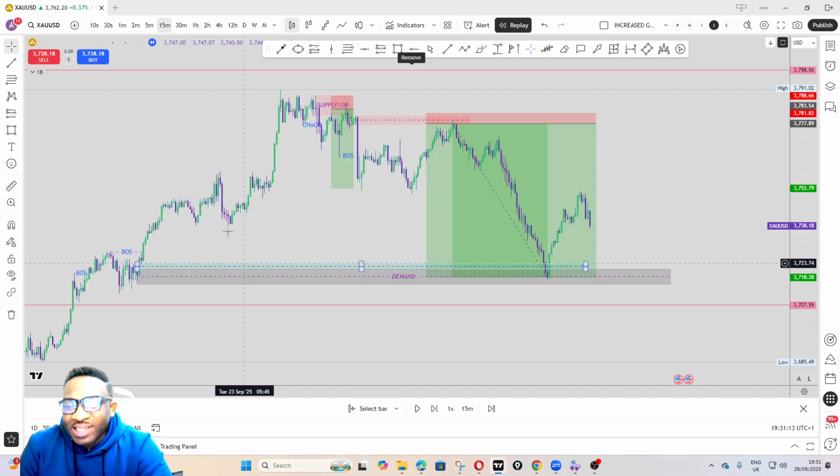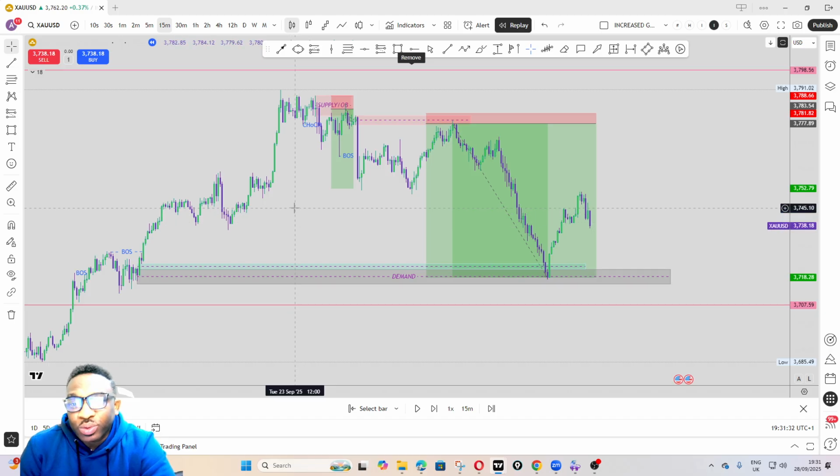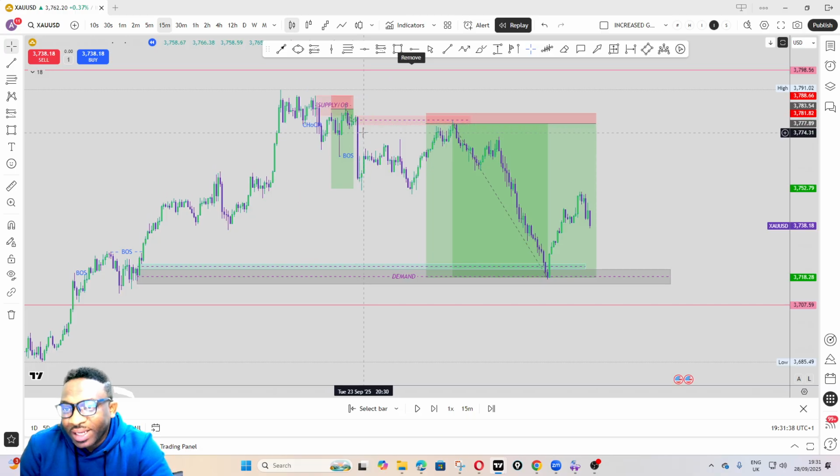So as we have a break of structure, we want to identify the areas of demand where the move started from. And attached to those areas of demand and supply, we want to see some imbalances or some market inefficiencies, also attached or around the area. So exactly that's the condition we had here.